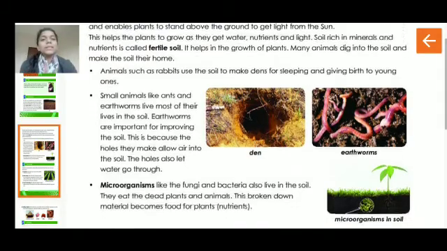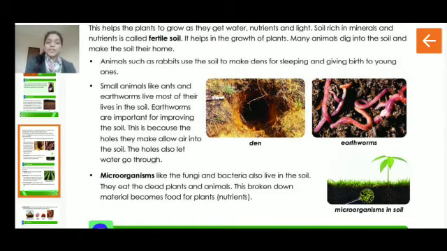So now we will see animals such as rabbits use the soil to make dens for sleeping and giving birth to young ones. Small animals like ants and earthworms live most of their lives in soil. Earthworms are important for improving the soil.